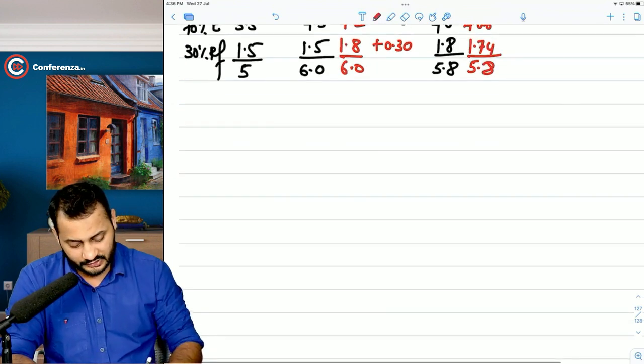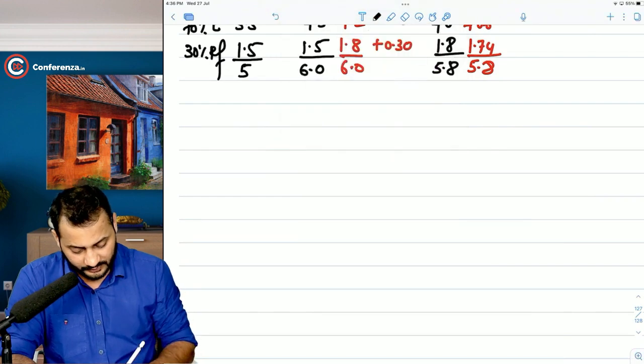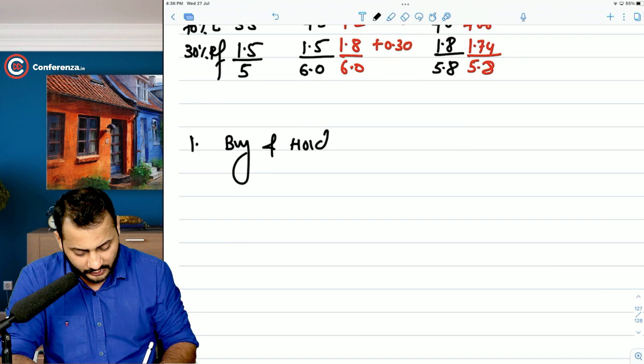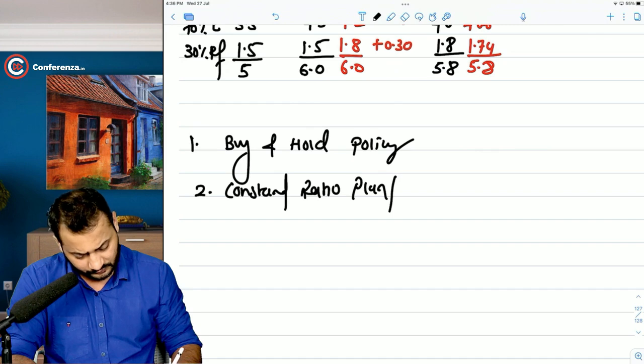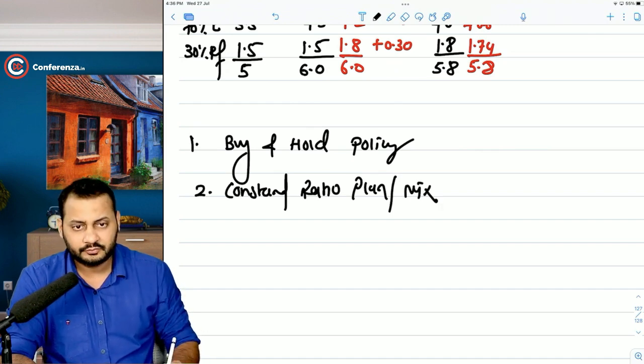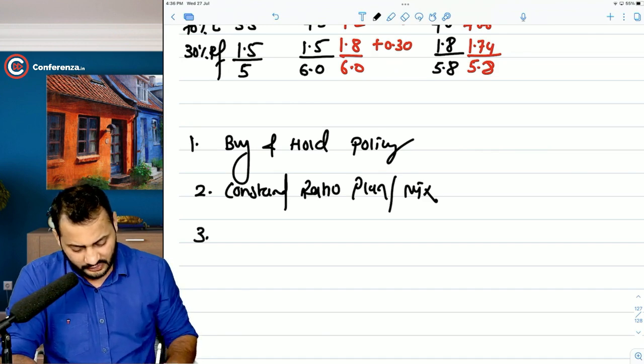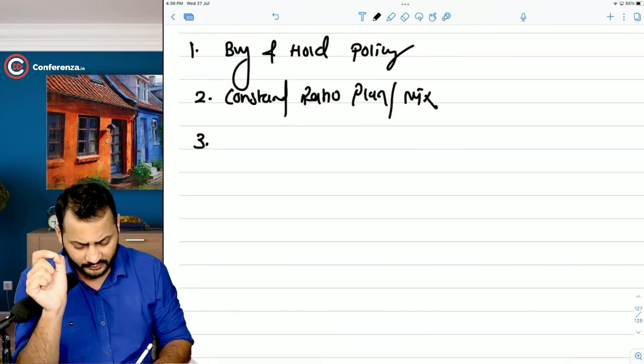Okay, so the first plan that you heard about for portfolio rebalancing was the buy and hold policy. The second plan that we discussed just now is the constant ratio plan, or you can say constant mix. The third policy is a little subjective.